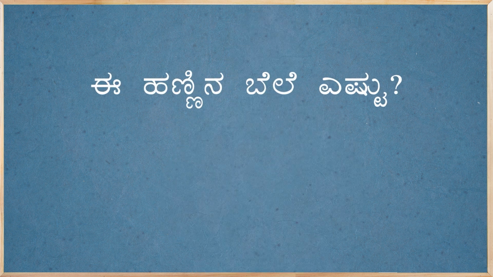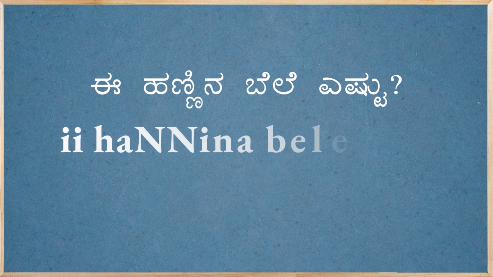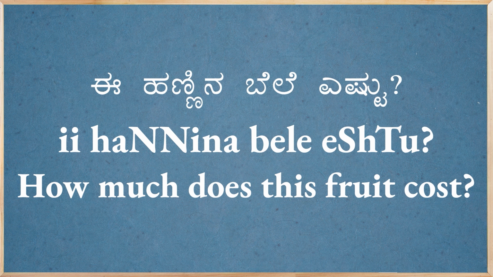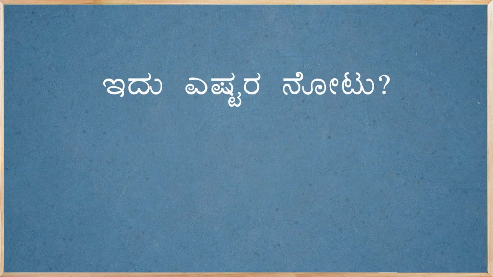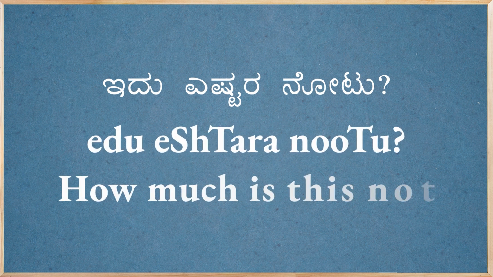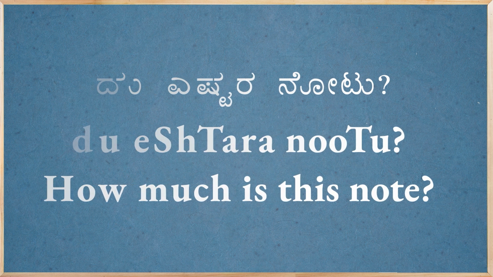Let's look at a couple of examples to understand this better. ಈ ಹಣ್ಣಿನ ಬೆಲೆ ಎಷ್ಟು? This means how much does this fruit cost? ಇದು ಎಷ್ಟರ ನೋಟು? How much is this note?